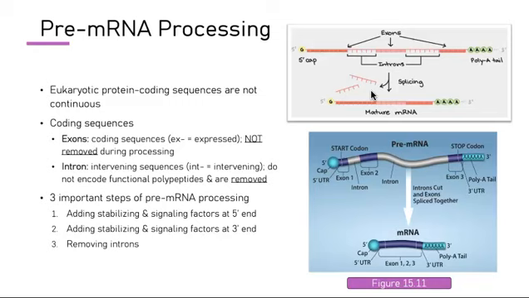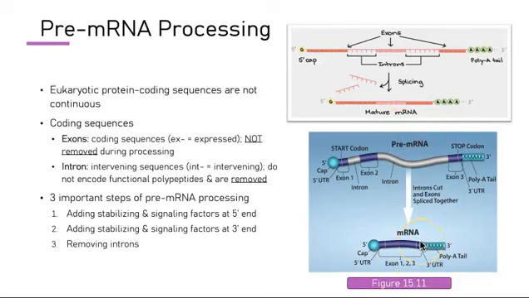So there are three important steps in pre-mRNA processing. We need to stabilize and add some signaling factors to the 5' end, and do the same at the 3' end, and of course remove those introns that we mentioned earlier.